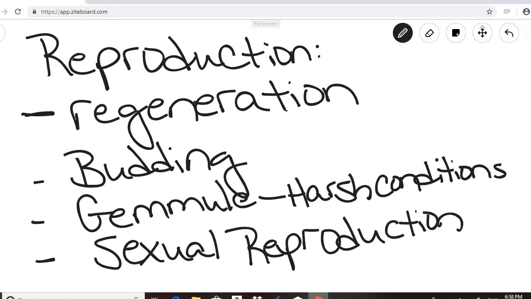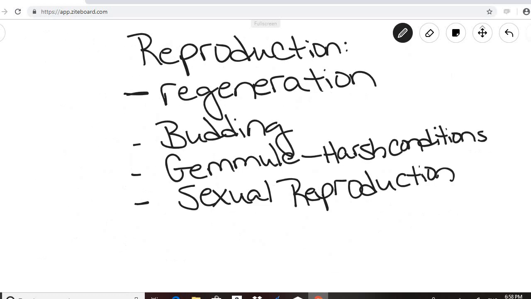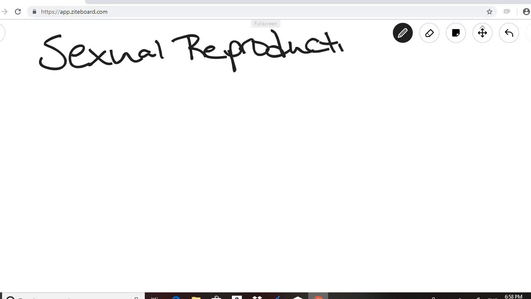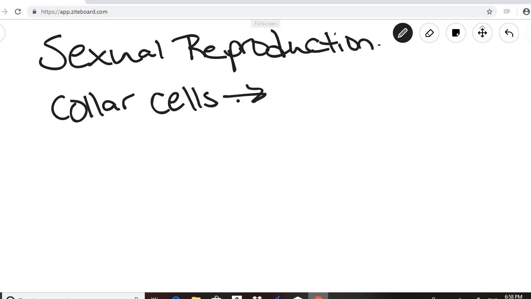So let's take a closer look at sexual reproduction. Basically what happens in sexual reproduction with the sponges is that the collar cells develop into eggs and sperm.